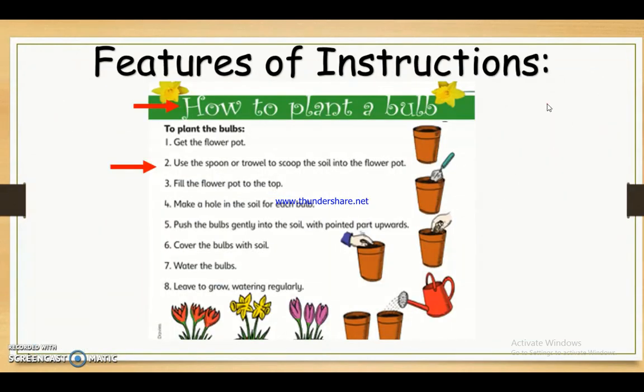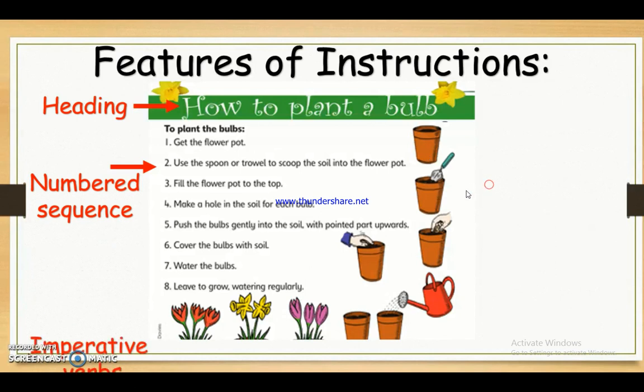Now we're talking about the instructions on how to plant something. First of all, we need the title. The first thing that we need to put here is the title or the heading. And then we need the steps, the instructions. And of course, whenever we are writing instructions, we use what are called imperative verbs.